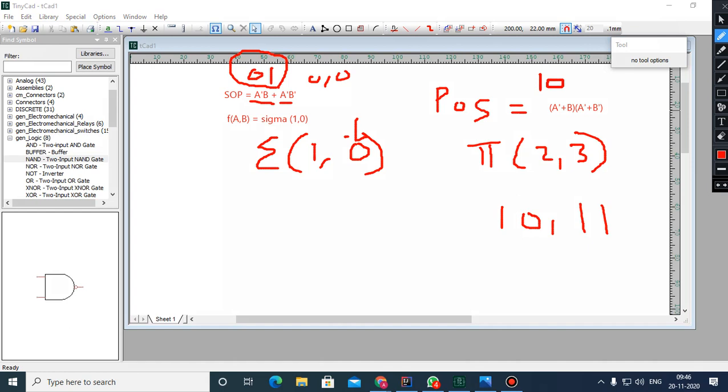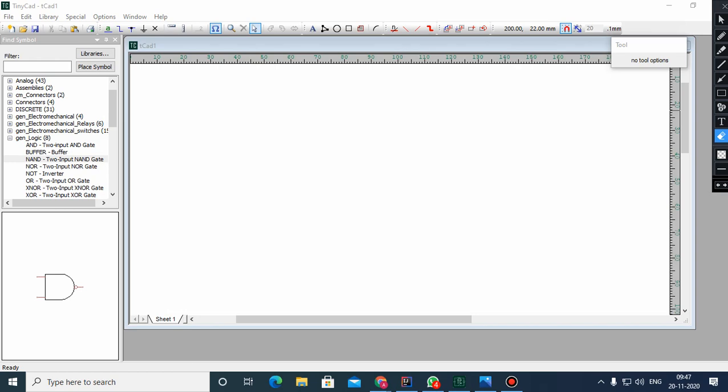So in POS, A is represented as A complement and the other as B. So A complement plus B, because it is the summation of the literals. If it is 1 1 which is 3, it is A complement plus B complement. I will give you some more examples, don't worry, but not today.